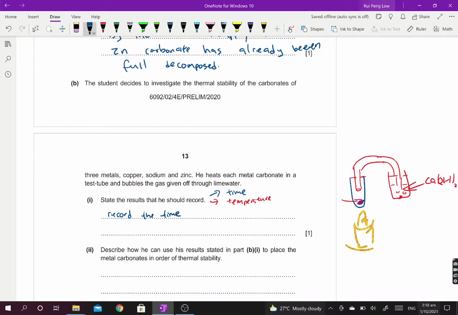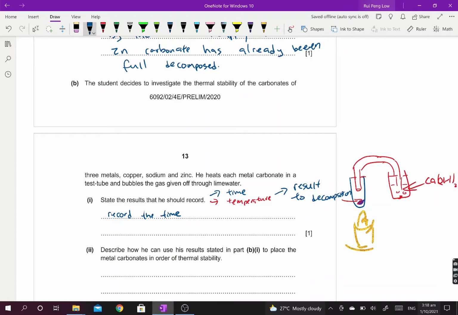Although we learned that it is temperature that results in decomposition, but the longer I heat, the higher the temperature this will be. So that is the relationship, which is why we say that we record the time instead of the temperature.